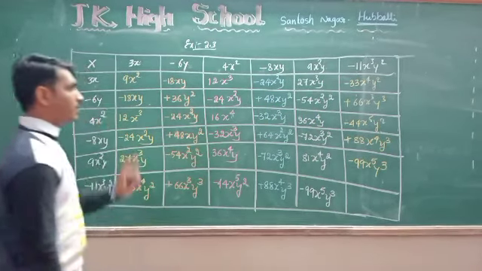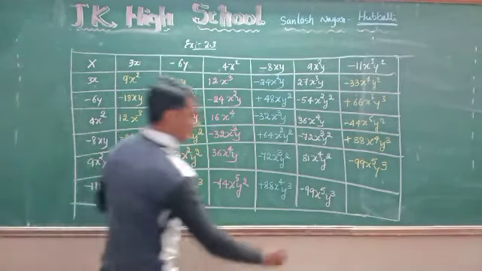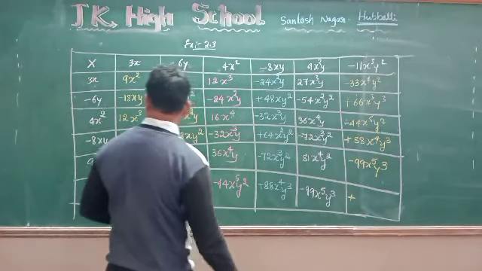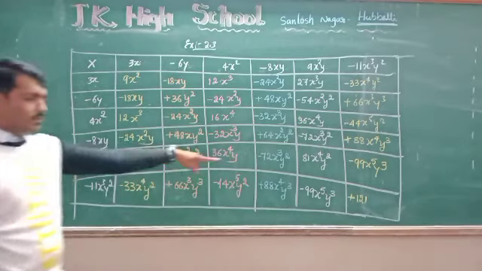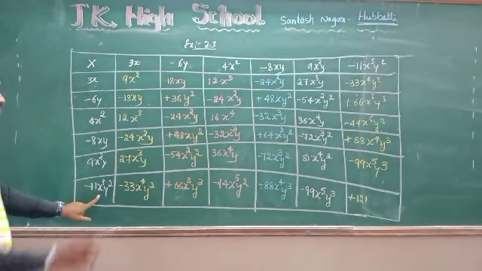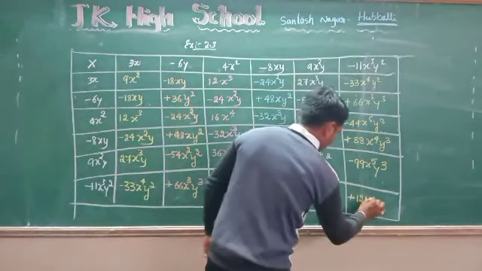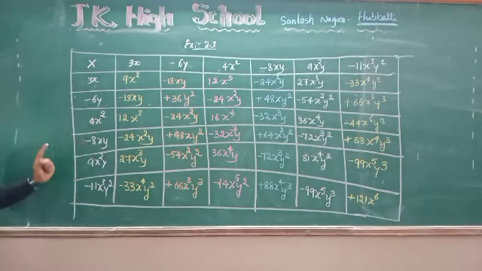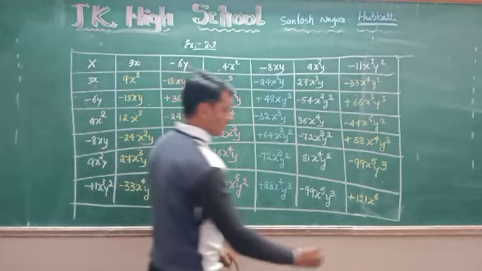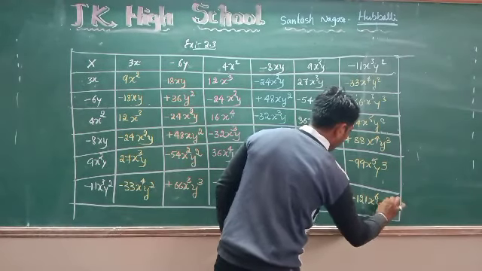And finally, 11 11s are plus; 11 11s how much? 121. x cube and x cube is there, x to the power how much? 6, 3 plus 3 is 6. y square and y square is there, how much will it become? y to the power 4.